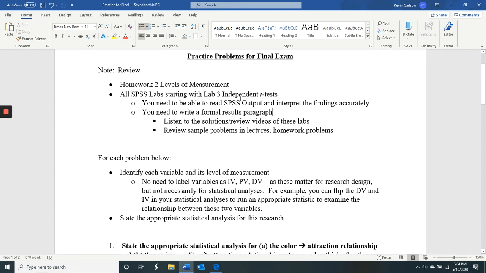So what I'll say to do these things is obviously review all the labs. There's videos of the labs. There's also videos reviewing the solutions for every lab. So I didn't grade, just like the homework, I don't grade your labs based on whether you were correct or not. I graded whether you made the effort to do it.